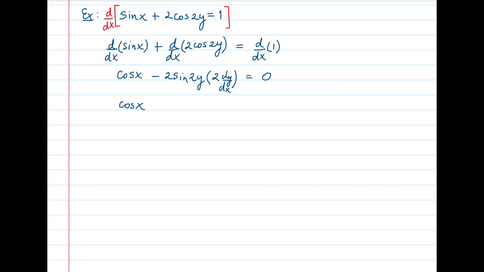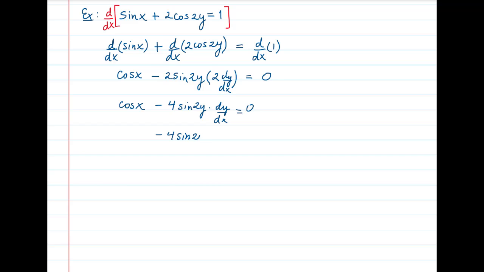And then we proceed to solve for dy dx. Okay, well, let me clean this up a little bit, this term. And we have 2 times 2 is 4, right? Sine of 2y times dy dx equal to 0. We'll move the cosine x to the other side.